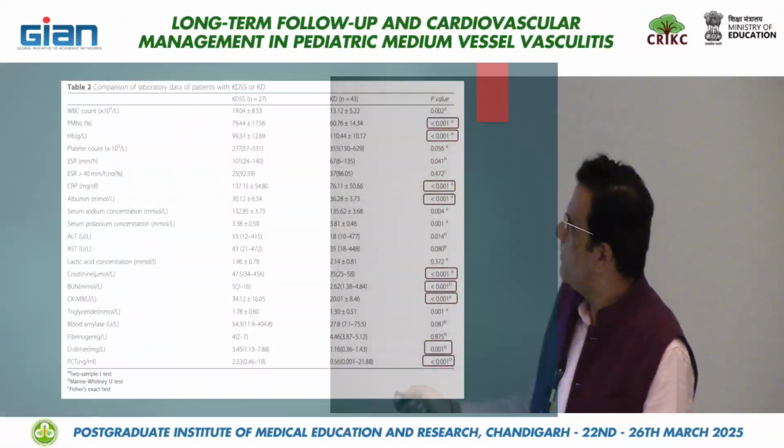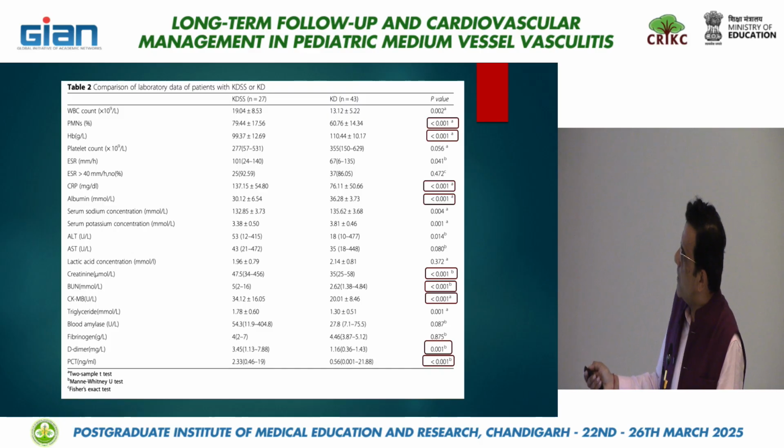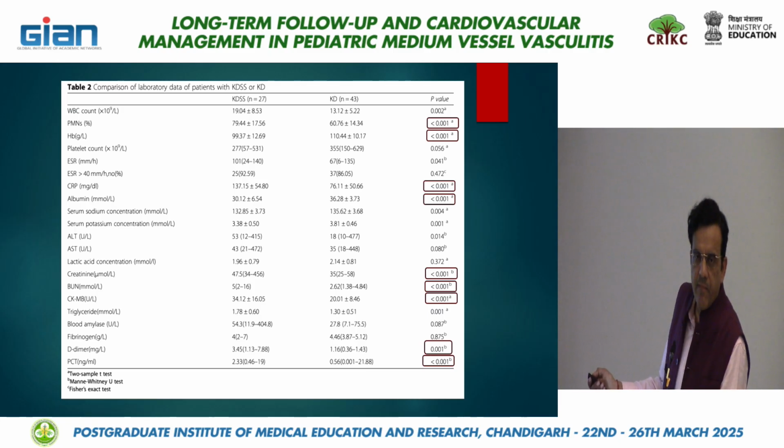Laboratory features: the patients of Kawasaki disease shock syndrome had higher WBC count, they had higher polymorphonuclear cells, and hemoglobin was low as compared to normal Kawasaki disease patients. Other significant changes, with significant p-value, were higher CRP value, low albumin, and low serum sodium concentration.